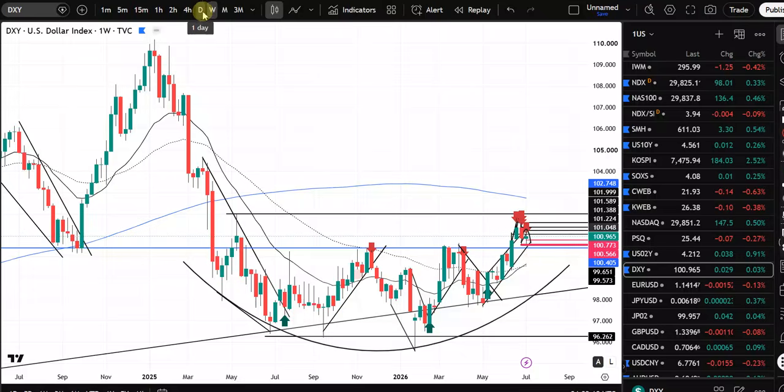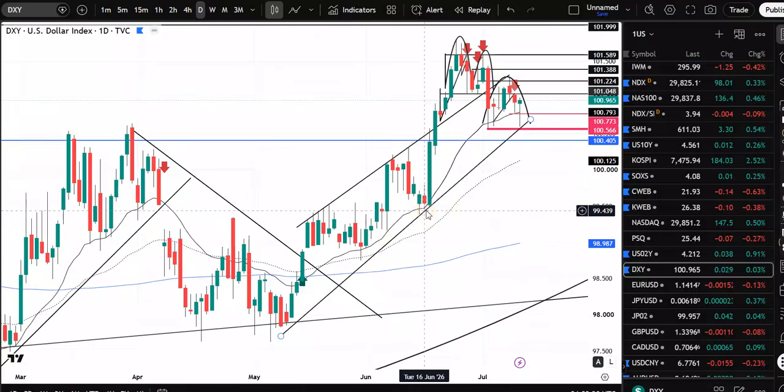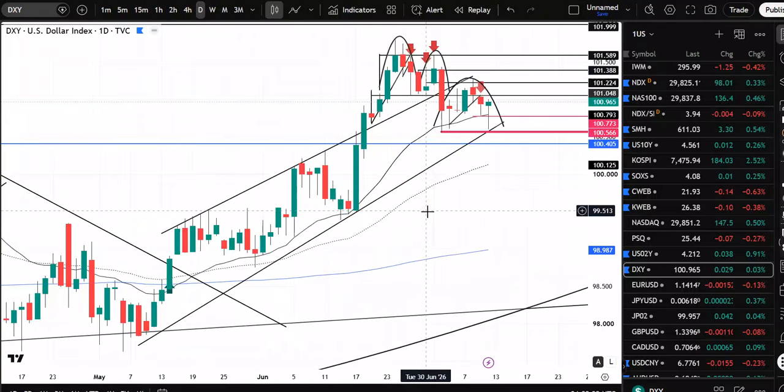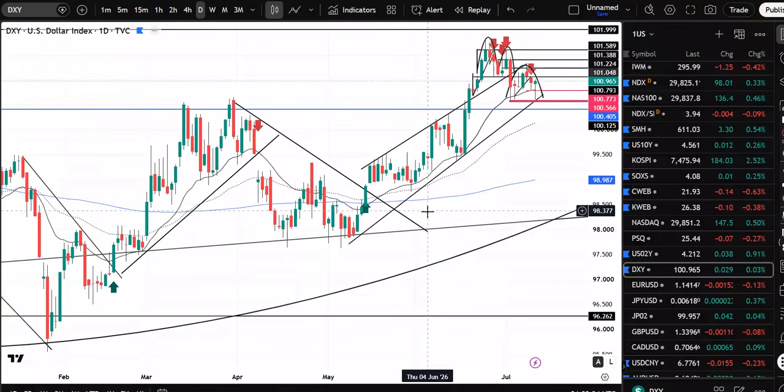Doesn't mean, but it is bullish. But you can also see we're at a key, so you've got this rising channel here, key support level. So a break of the round number, especially the 100. Wouldn't that be interesting?